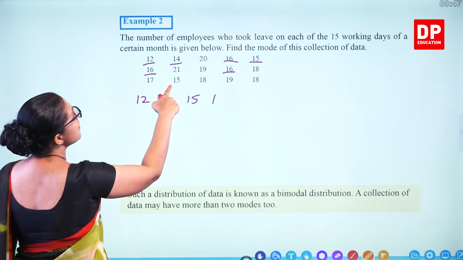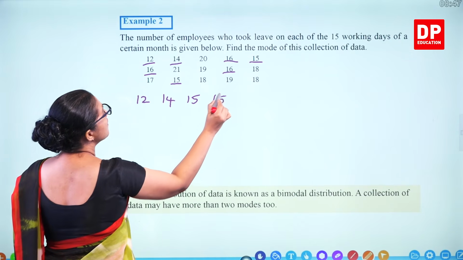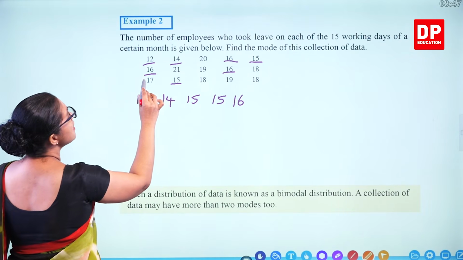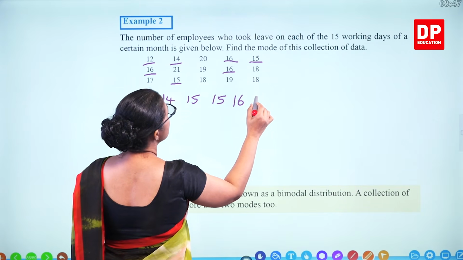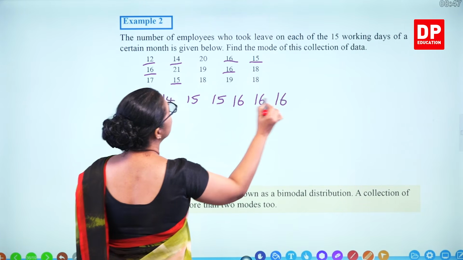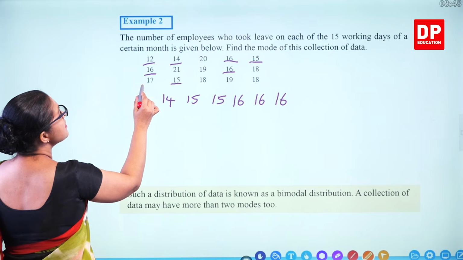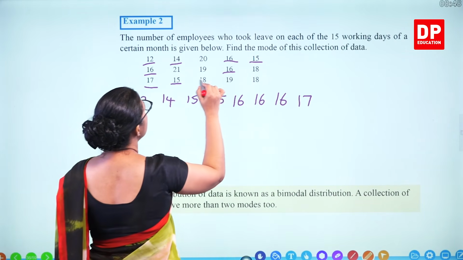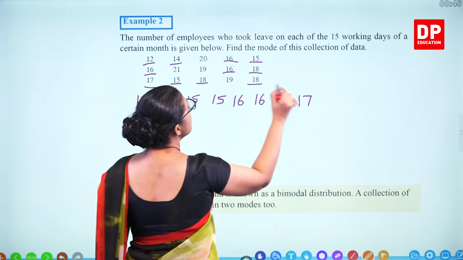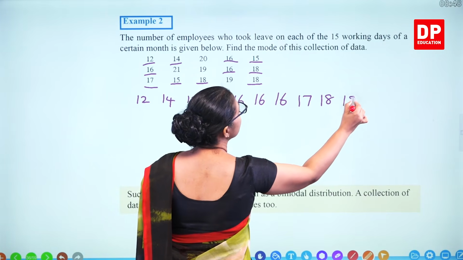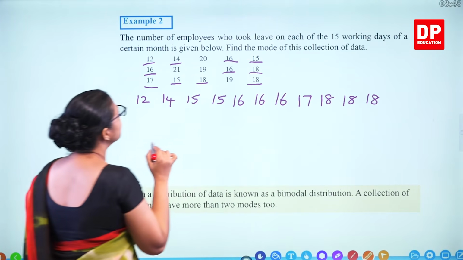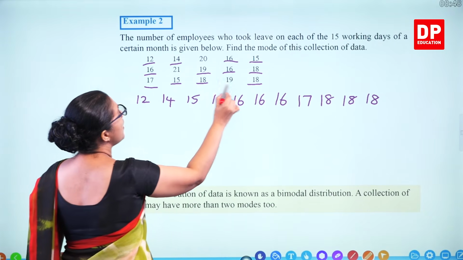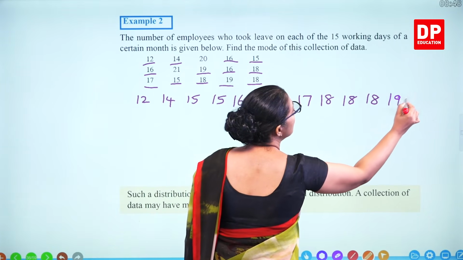Here another 15 is there. 16, 1, 2, 3, 3 times. And then 17, only once. And I see 18, 3 times. And 19 twice, and 20.